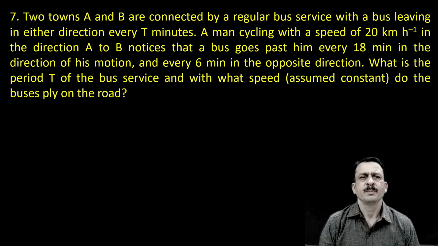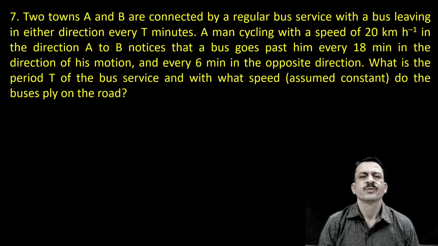A man cycling with a speed of 20 km per hour in the direction of A to B notices that a bus goes past him every 18 minutes in the direction of his motion and every 6 minutes in the opposite direction. What is the period t of the bus service, and with what speed, assumed constant, do the buses ply on the road?